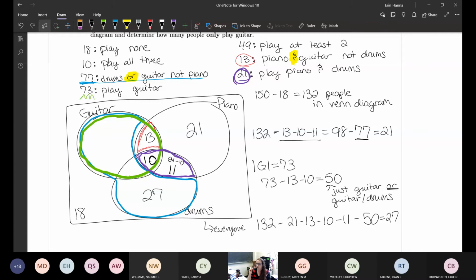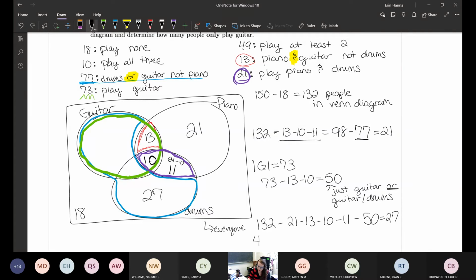We haven't used that 49 at all. The 49 plays at least two. So that means that all of these pieces that are in an overlap, either just between two of them or that piece in the middle, must all add up to 49. So we can find the guitar and drums piece by taking the 49 and subtracting the 13, 10, and 11.